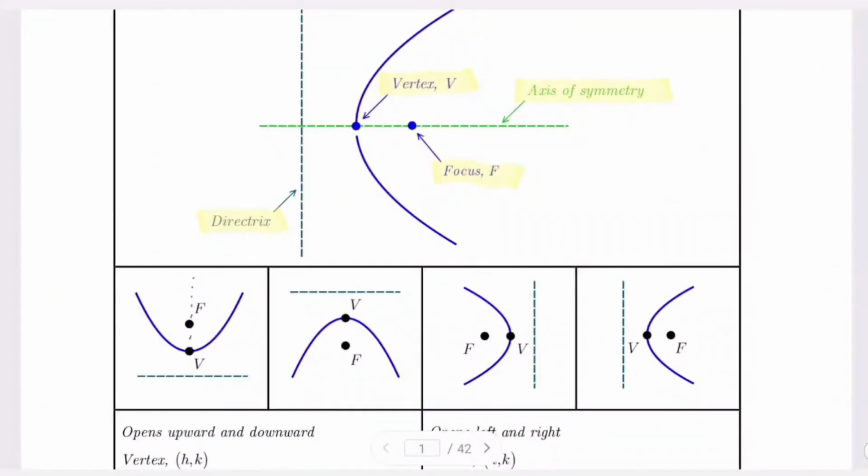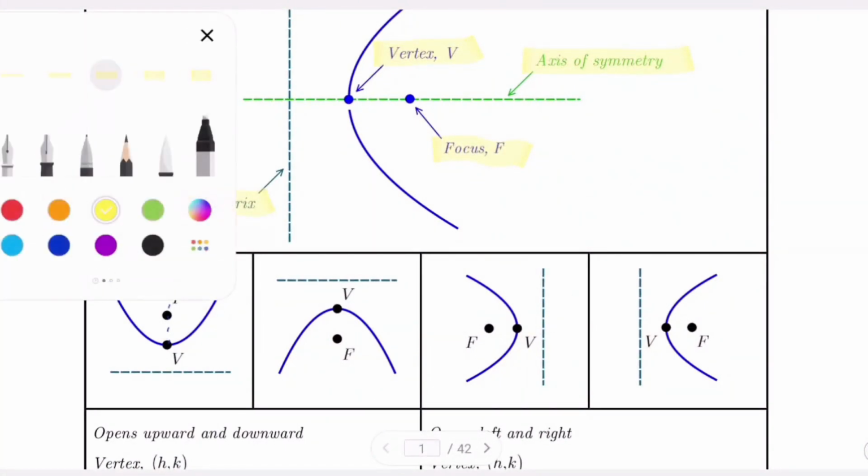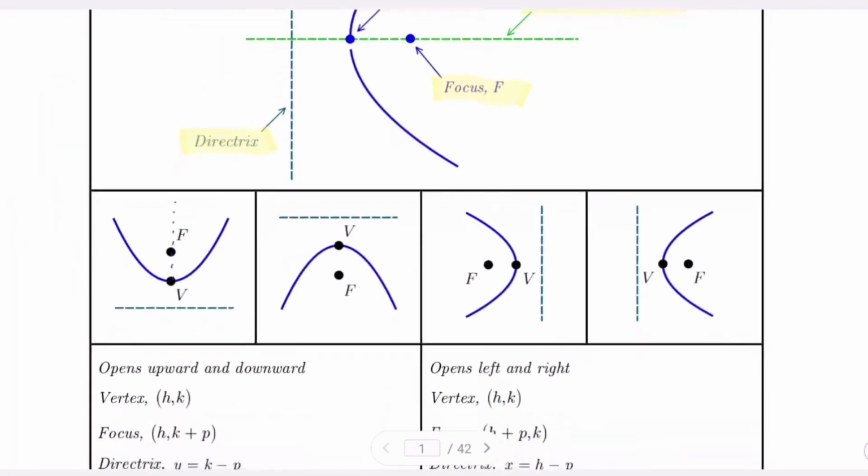Okay, let's take a look at 4 of the parabolas over here. So we have 4 different types of parabola. The first 2 on the left open upward and downward, and the 2 on the right open left and right.